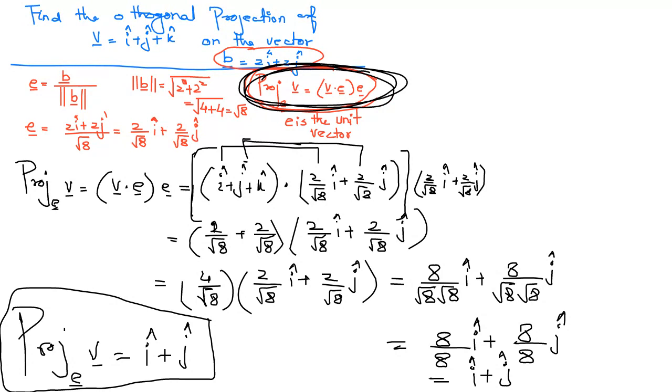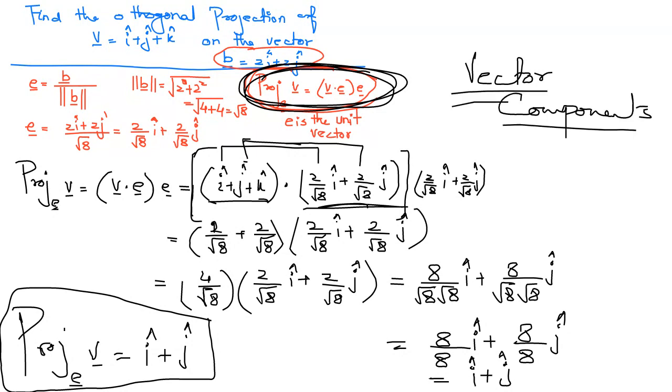No need to find the unit vector. Before that, you need a unit vector, which is E. Then you apply the dot product and you will get the answer. So this is the formula for finding the projection, or you can say for finding the vector components. They have the same meaning.